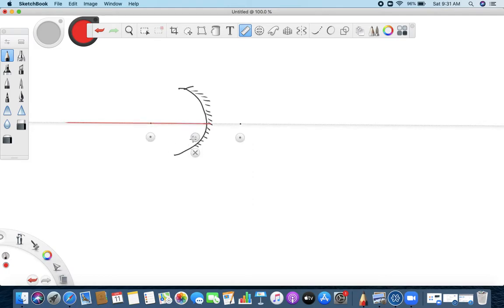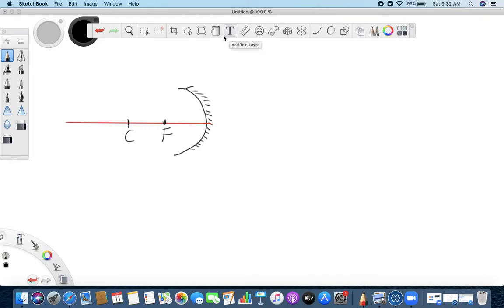Let's say this is your F and this is your C. Now, the first case tells you if a light is parallel to principal axis, after reflection it always passes from principal focus.